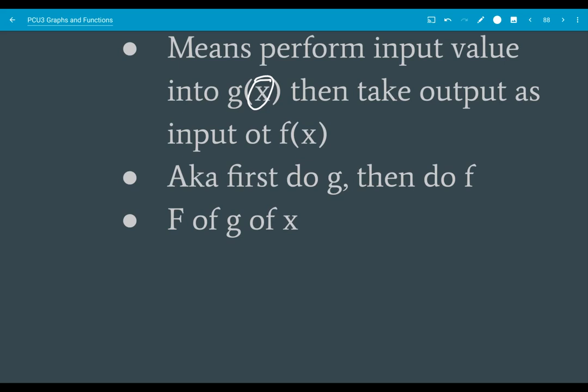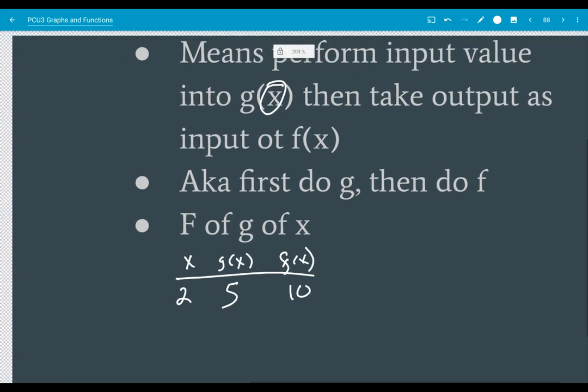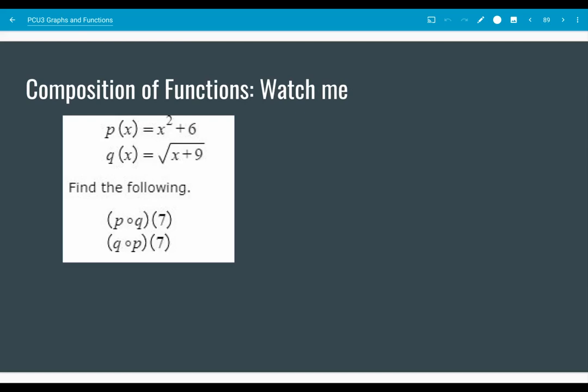For example, say x is 2, and g of x then becomes 5. For f of x, we don't put 2 in. No, we put 5 in. Let's say we get out 10. So that's how that works. I think this will make more sense when we see an example.